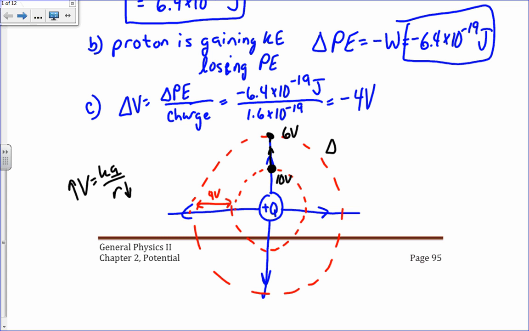And then my change in potential between this point and this point, this is going to be V final minus V initial, 6 minus 10, which is equal to negative 4 volts. All right, so that's where that negative comes from. Then I'm moving from a place of high potential to a place of lower potential. We'll see more of that in the problems to come.